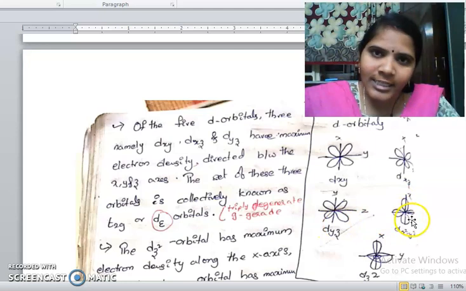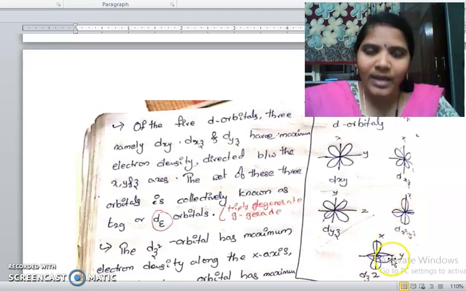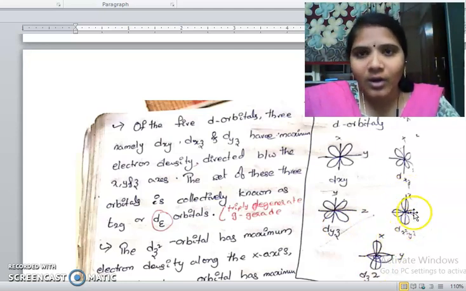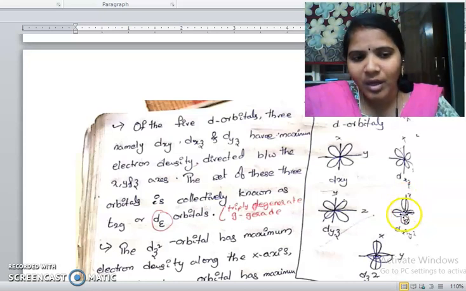Whereas dx square minus y square and dz square are oriented along the axis. For dx square minus y square, the probability of finding an electron is maximum along the x and y axis. Whereas dz square is in a donut shape, where the maximum probability is along the z-axis and around the center in the form of a donut.